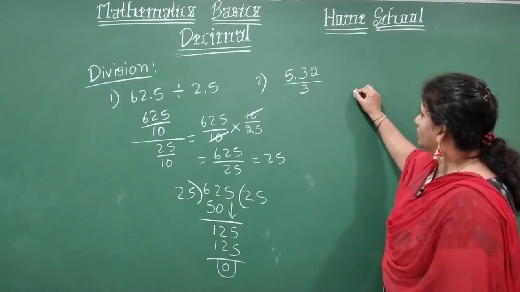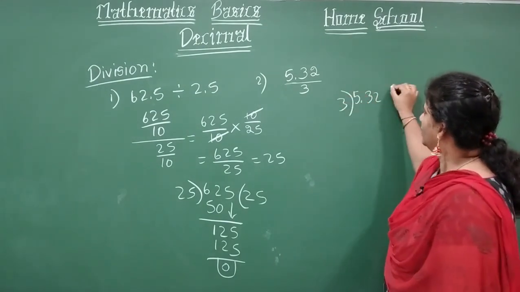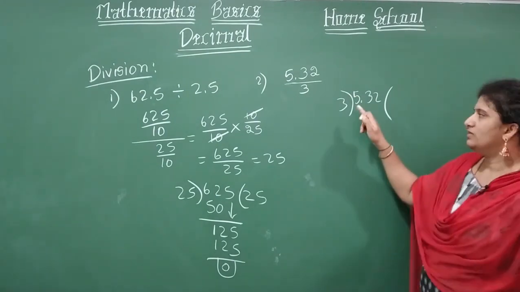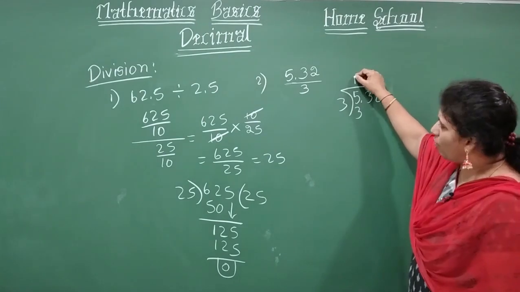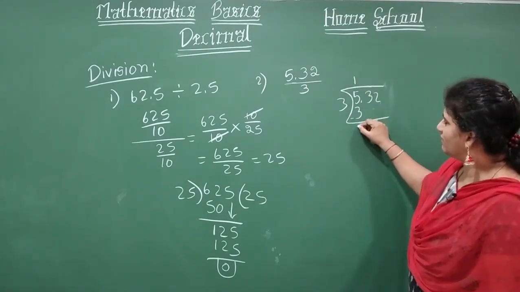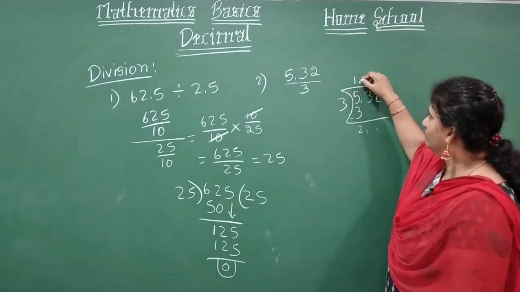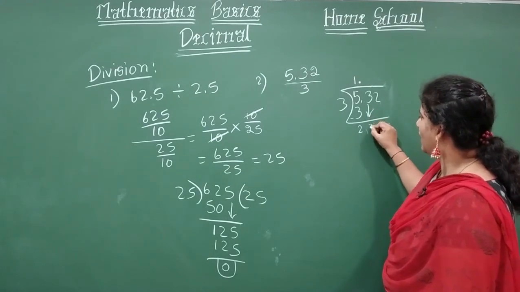Another direct method, what are you going to do? Decimal division, children. How do you do it here? Let's start your division. 3 ones are 3, children. So now 5 minus 3 will be 2. Now drag the point here, same point, and drag this number down.